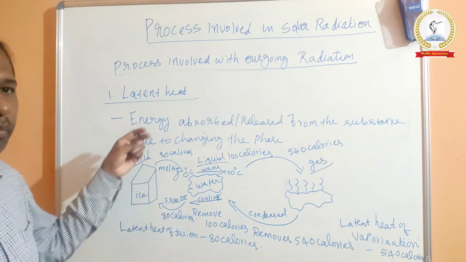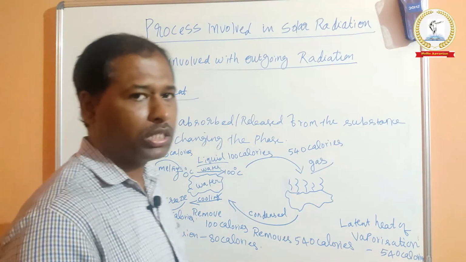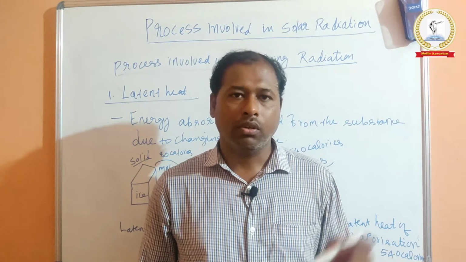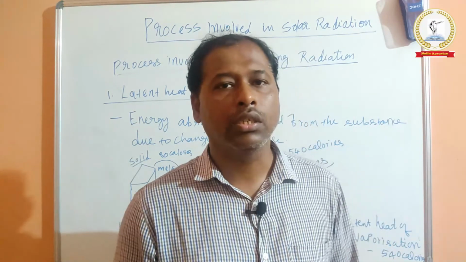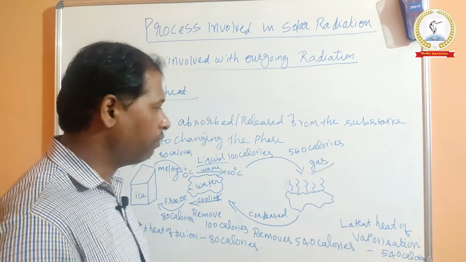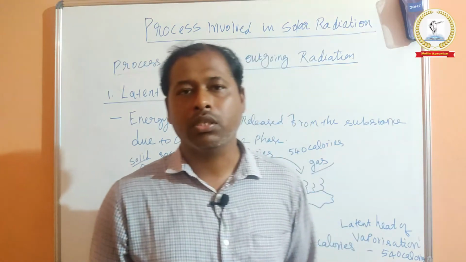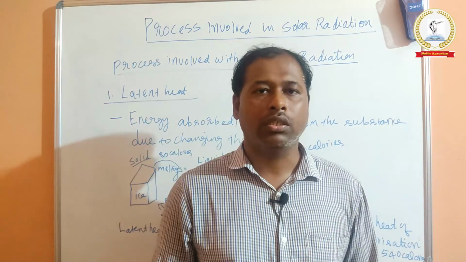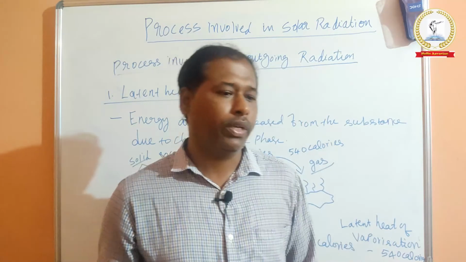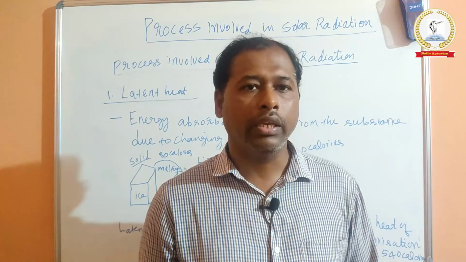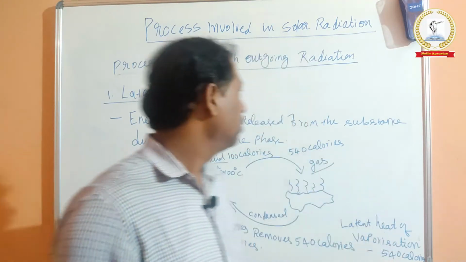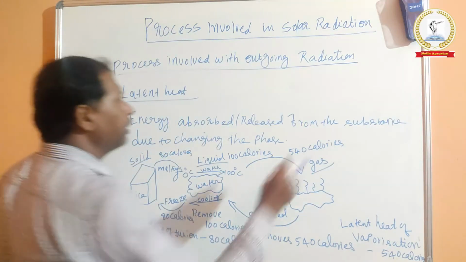Latent heat means energy absorbed or released by the substance due to the changing phase. So changing from one state to another state, it needs more energy, and the reverse process is also involved. In the reverse process, the same amount of energy is returned to the surroundings from where it was absorbed. So that's why energy is neither destroyed nor created. Okay, so this is all about latent heat.